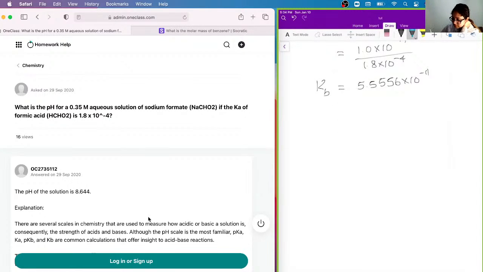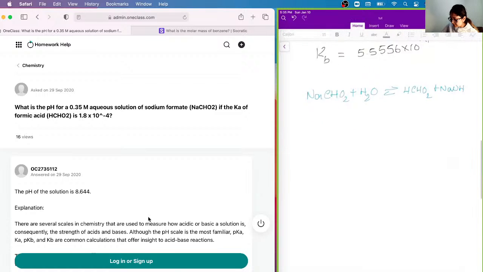I'll just rewrite the equation for how our sodium formate dissociates when it ionizes in water. So we have NaCHO2 plus H2O in equilibrium, and this will react to form HCHO2 plus NaOH.